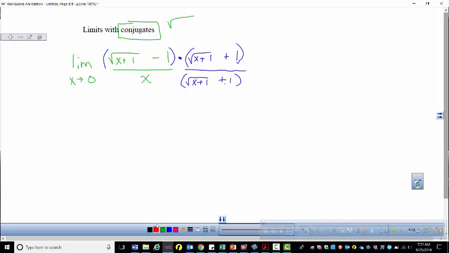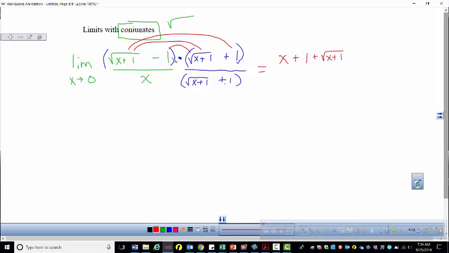And the reason that conjugates work is when I multiply this, think of FOIL. I'm going to do my first. The square root of x plus 1 times the square root of x plus 1 is just x plus 1. Then I'm going to do my outside, and I'm going to do my inside. They will actually cancel, because I will get plus the square root of x plus 1 for my outside.